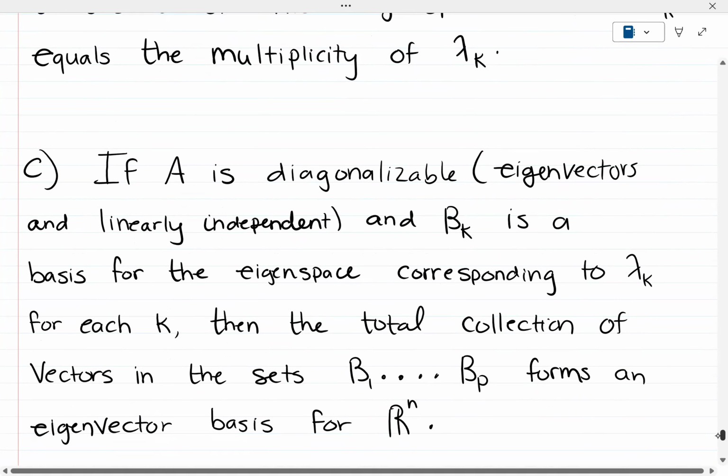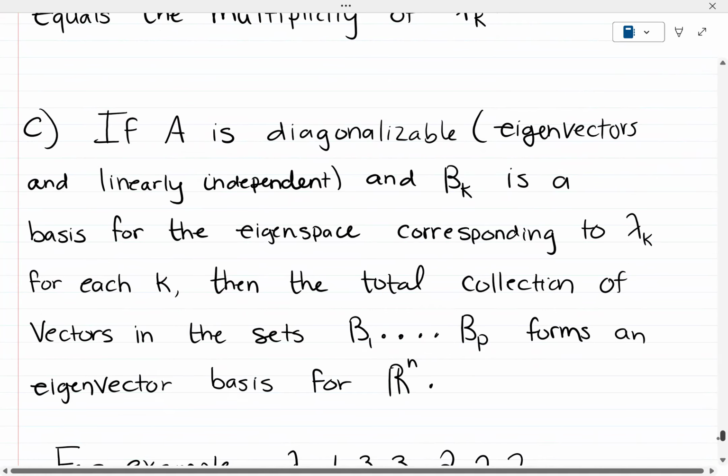And then this third part, C, says if A is diagonalizable and Bk is a basis for the eigenspace corresponding to lambda k, for each k, then the total collection of vectors in the sets B1 to Bp forms an eigenvector basis for Rn.